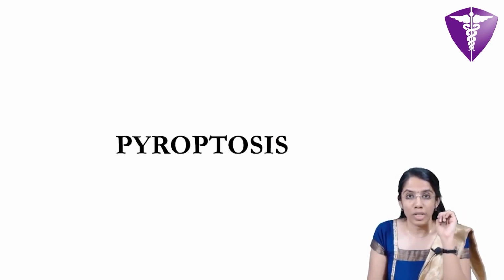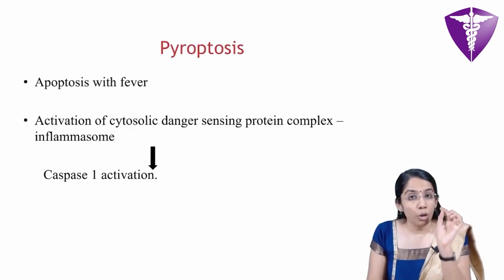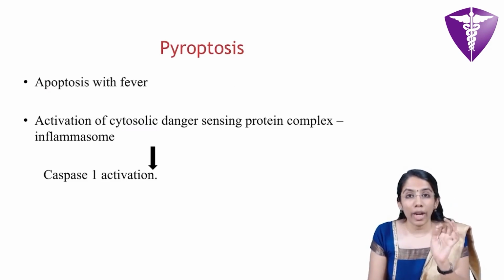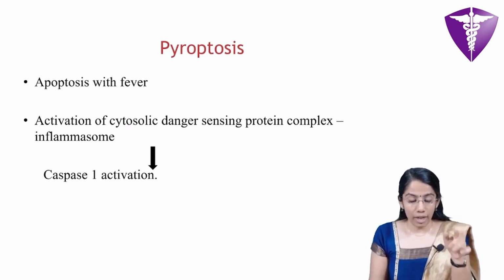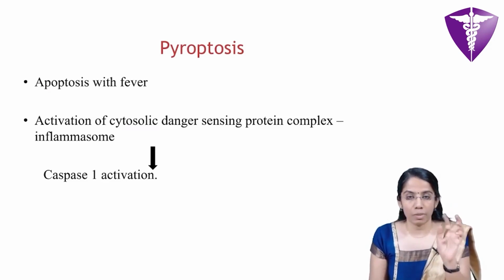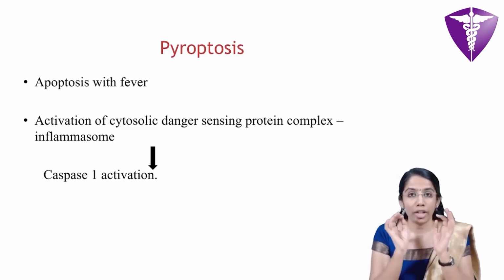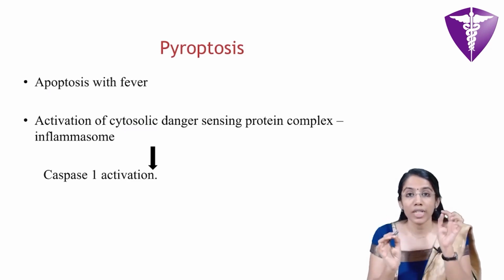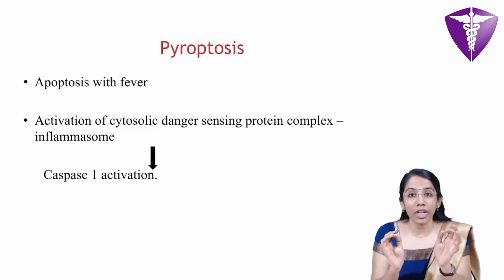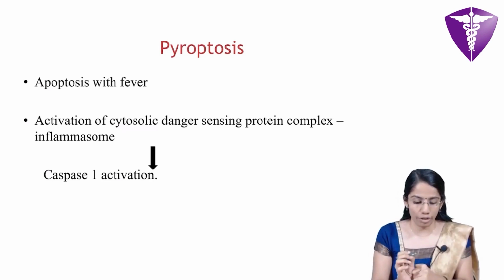Next is pyroptosis. Pyroptosis too is a type of programmed cell death. But here caspase is involved. Caspase 1 is involved. So the name pyroptosis is because it is apoptosis with pyrexia, with fever. So here the fever-inducing cytokine interleukin 1 is involved.